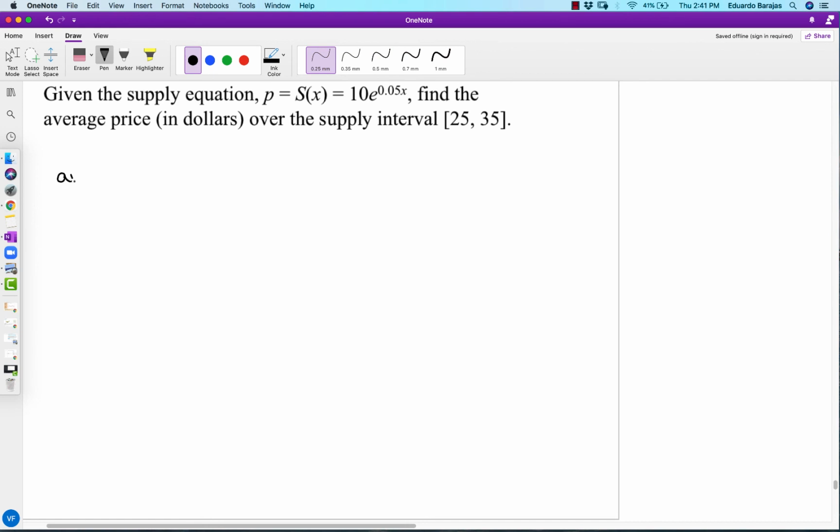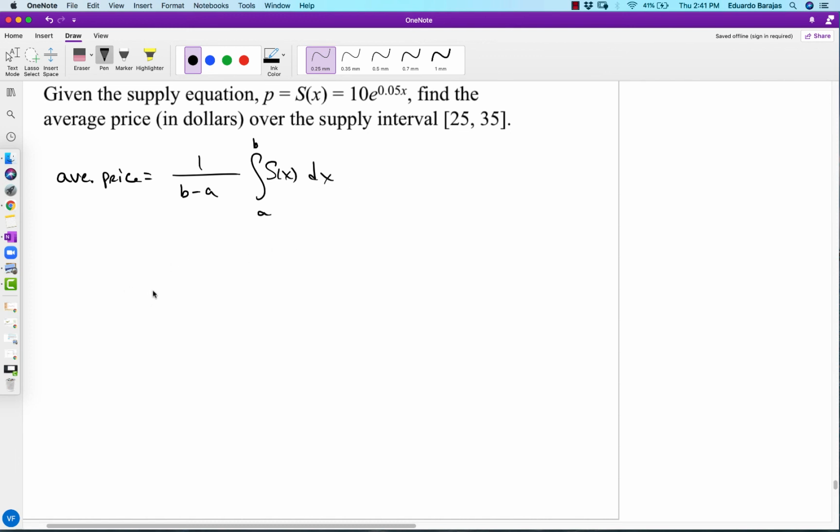So the average price in this case is going to be equal to a fraction, 1 over b minus a, integral from a to b on my function f of x dx. Well, in this case, it's going to be S of x dx.